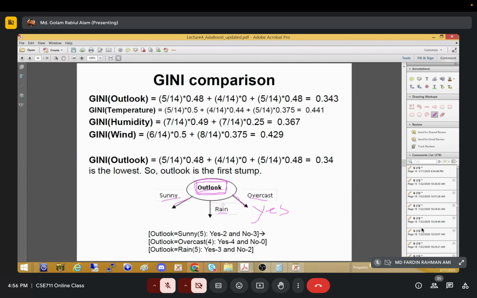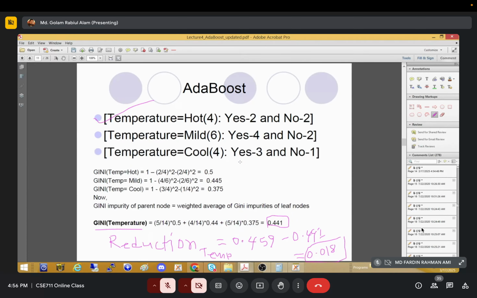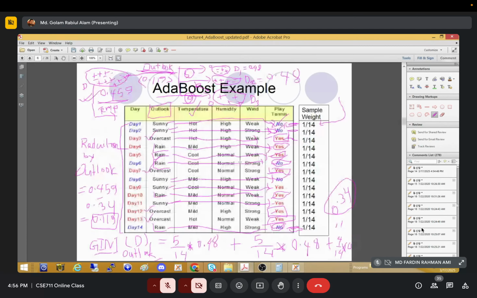For that, we think about a probabilistic decision: the probability of yes and the probability of no, which one has the highest probability? Here, with 3 negatives and 2 positives, the probability of negative is greater than the probability of positive.